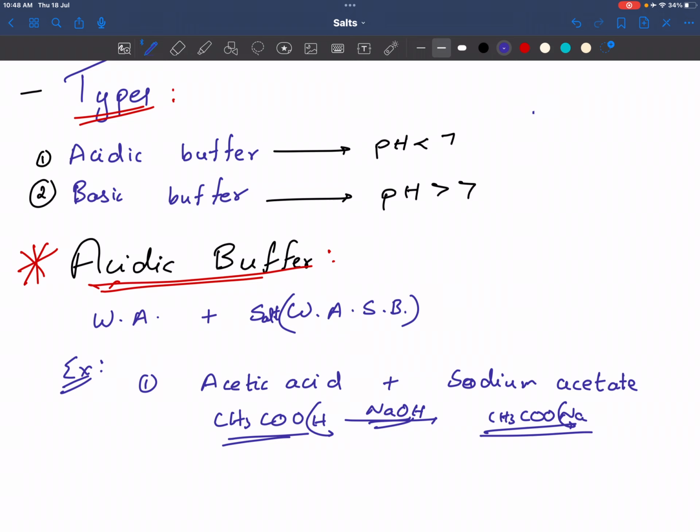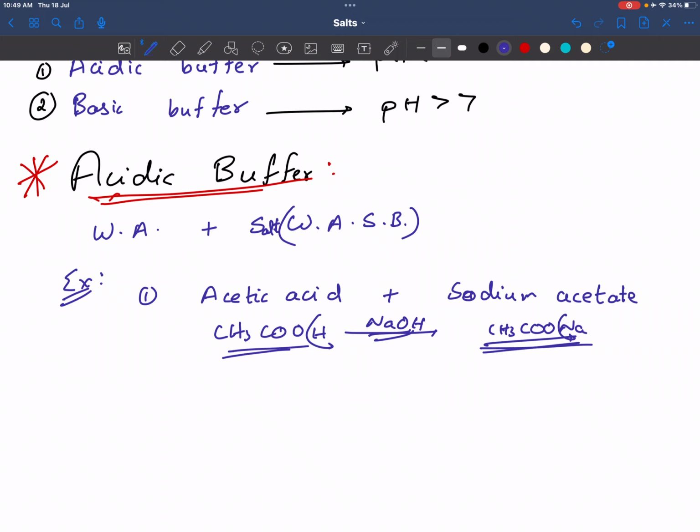So this is salt of strong base and weak acid. Then you will get an acidic buffer. Alright.